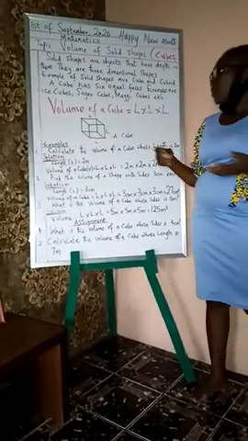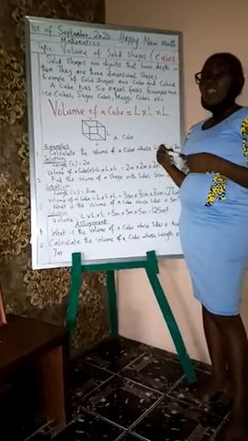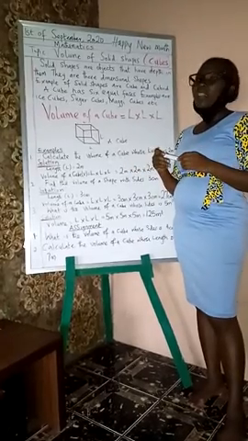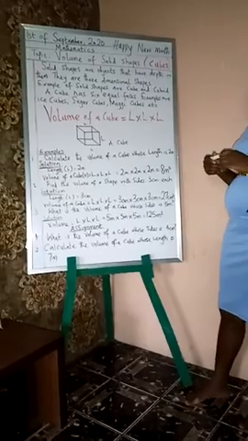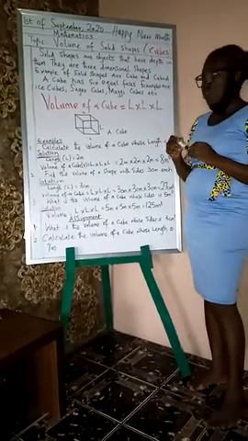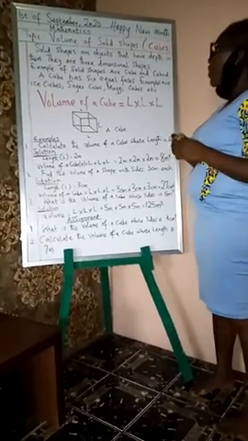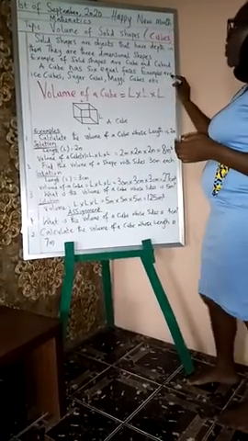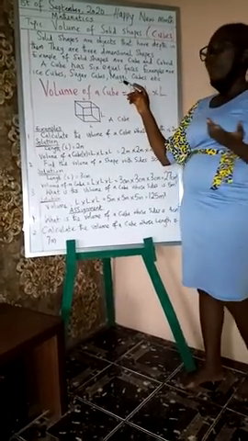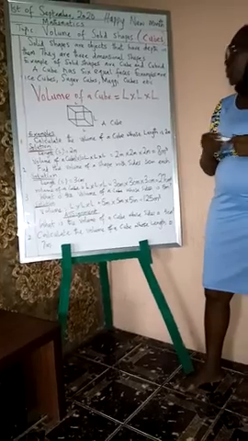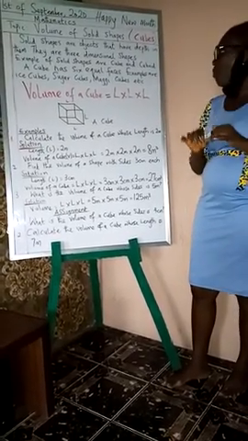So what is a cube? Some of the properties of a cube are: a cube has 6 equal faces, a cube has 8 corners, and a cube has 12 sides. But notwithstanding, our focus again is on the volume of a cube. Another thing you need to know: examples of shapes that are cubes are ice cube, sugar cubes, the mango cubes like your star mango, and so on and so forth, etc. Then what now is the formula for the cube?